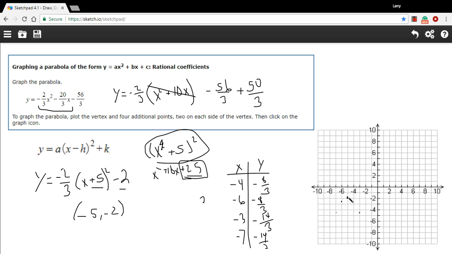And with these five points, we can just go ahead and sketch in our approximation. Like so. So that is a little bit of work with graphing a parabola where you need to put it in vertex form, completing the square to do that in order to graph it.